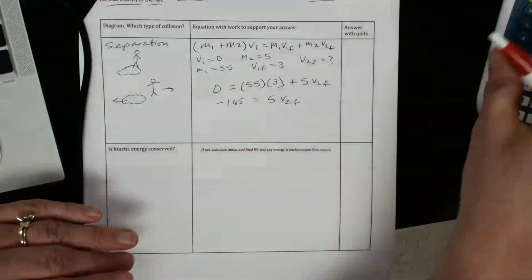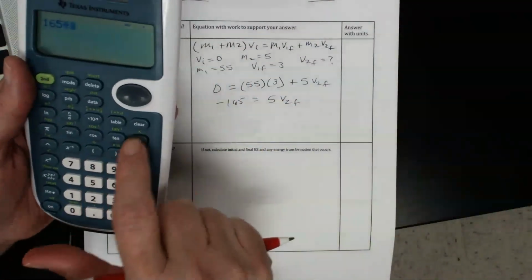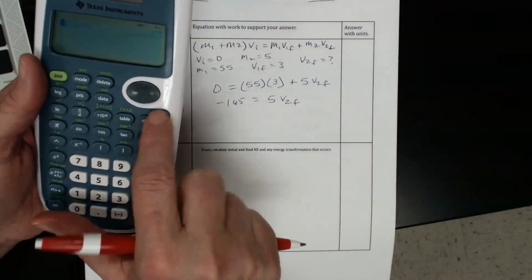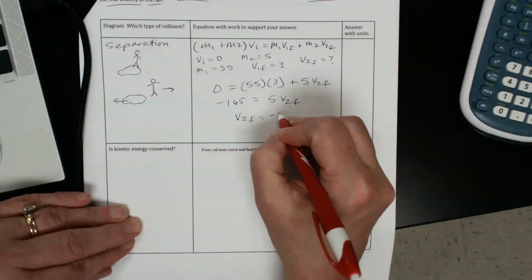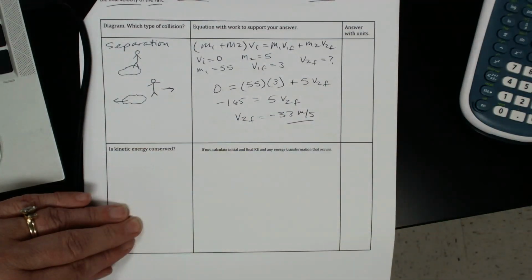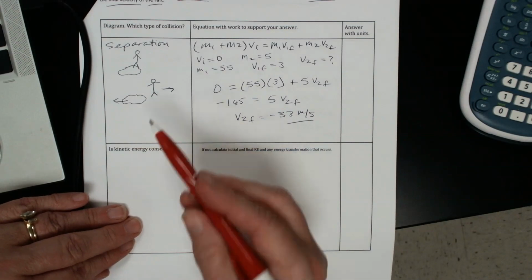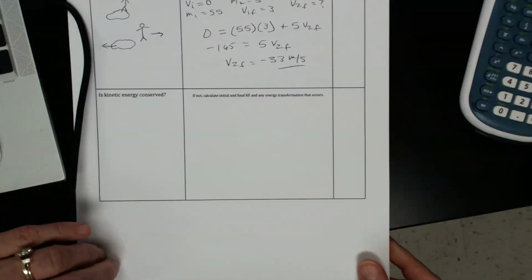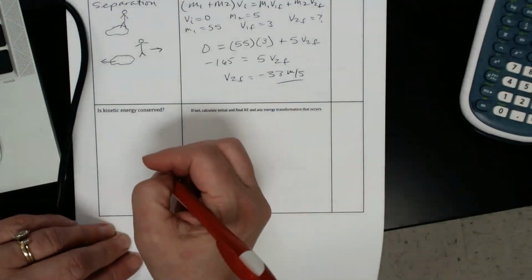And that happens a lot with separation. 165 divided by 5 is 33. And so my V2F is minus 33 meters per second. So that's how fast the raft is moving after Sam jumps off it. That's pretty fast. So Sam gave it a good push as he jumped off, and his velocity also changed.